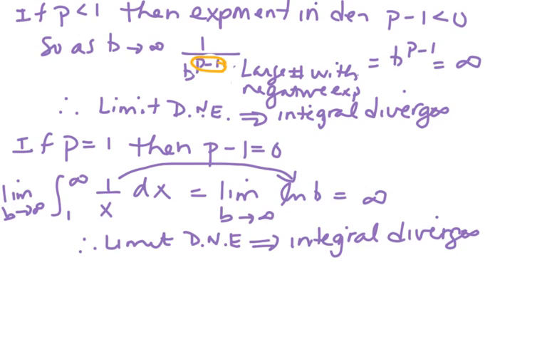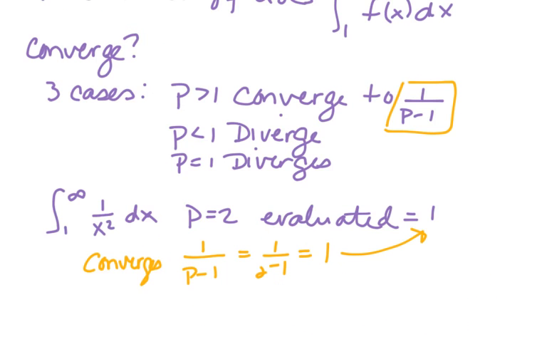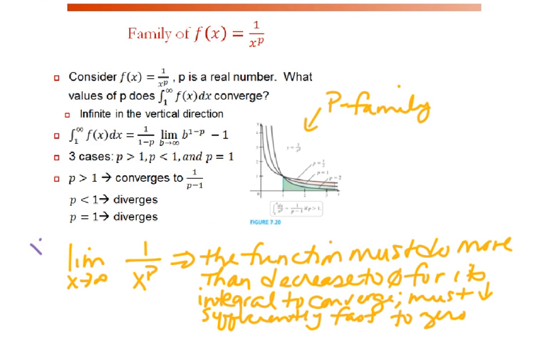So this is interesting, and it's important to note. The limit as x goes to infinity of 1 over x to the p, if I look at that as x gets bigger and bigger, we know that limit is going to go to 0.